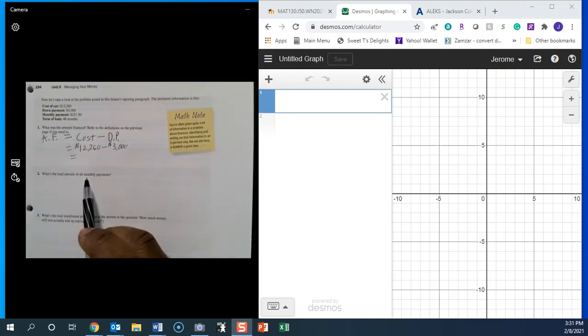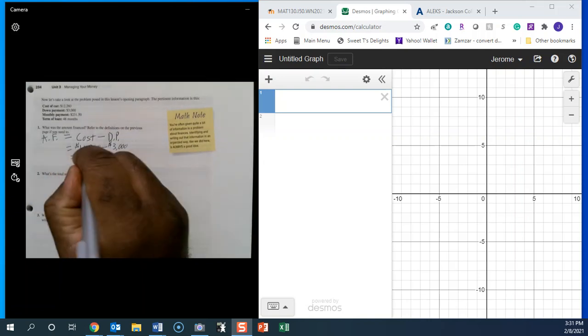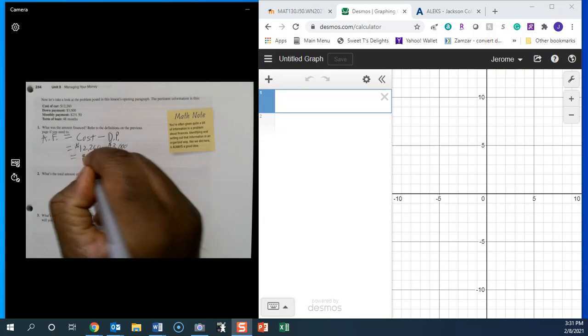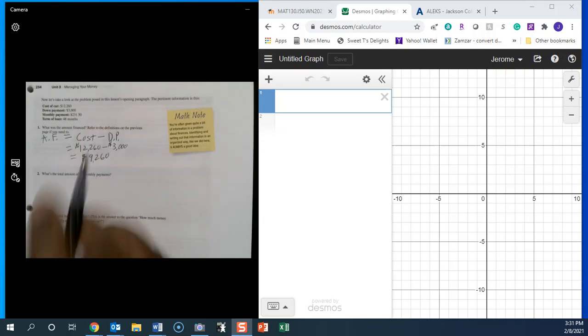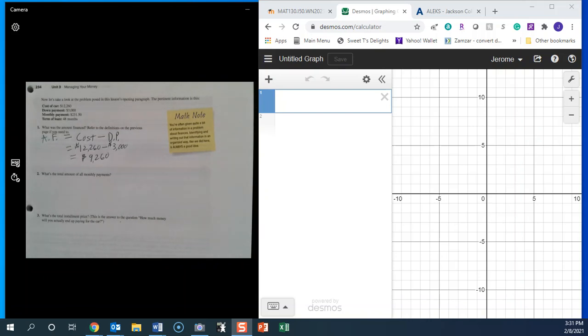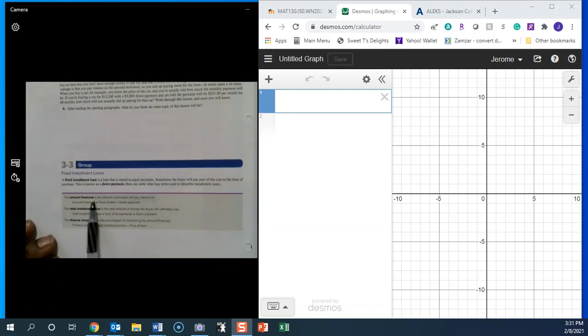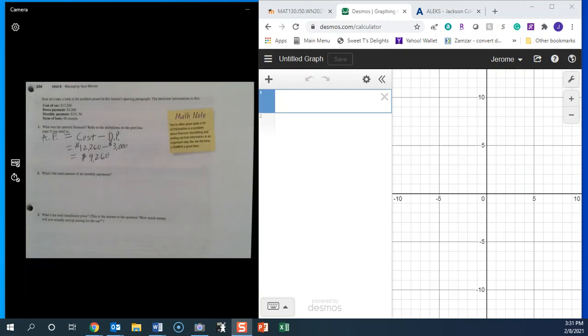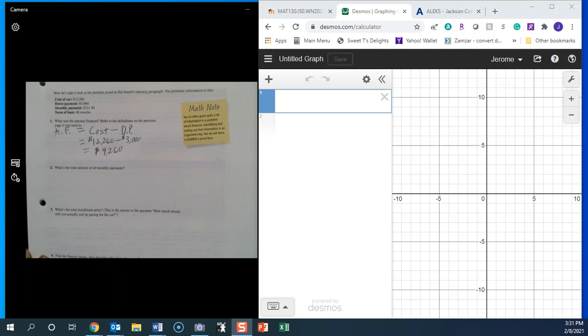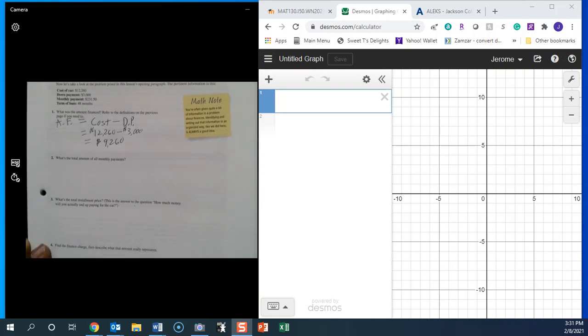So 12,260 minus $3,000 is $9,260. So that is the amount that you would need to borrow. All right, and that would take care of the amount financed portion. So again, remember, if you have any questions, please ask. I will gladly take any questions.